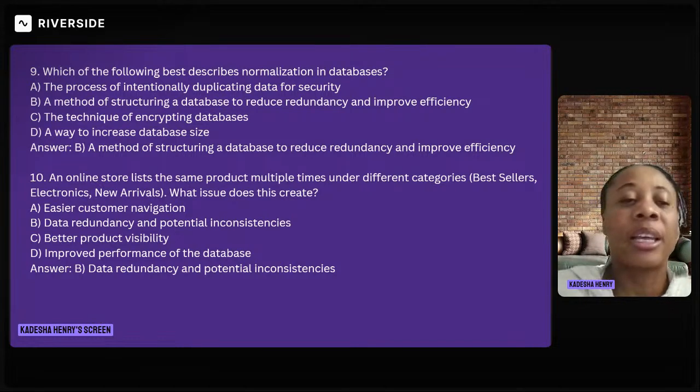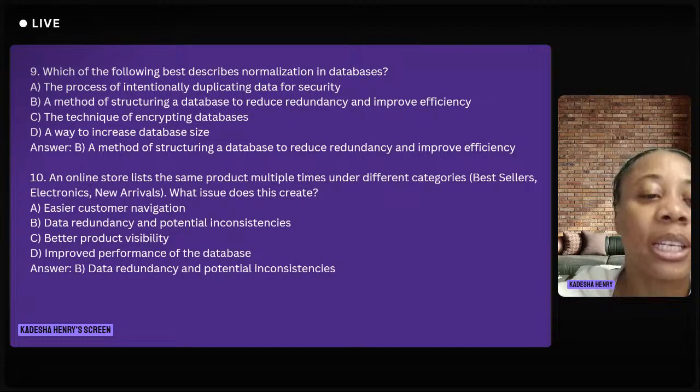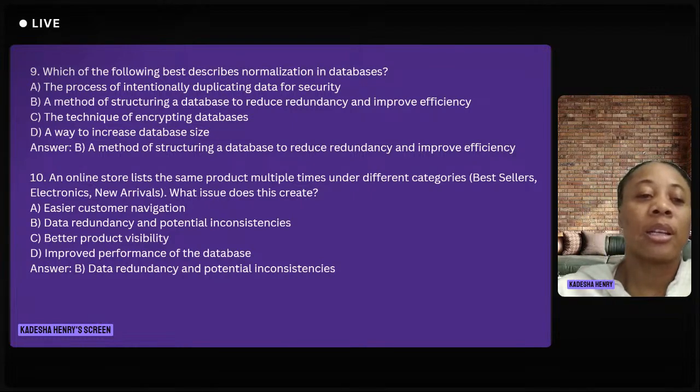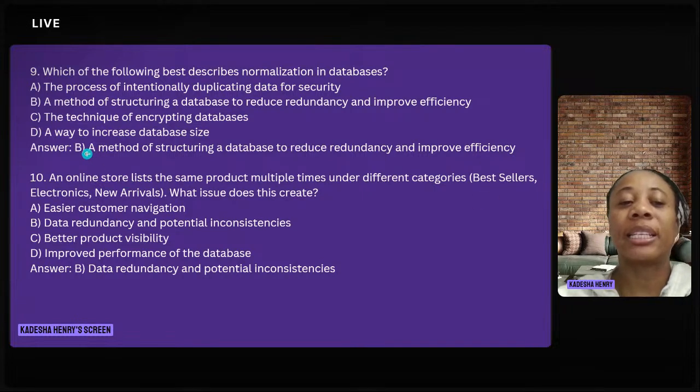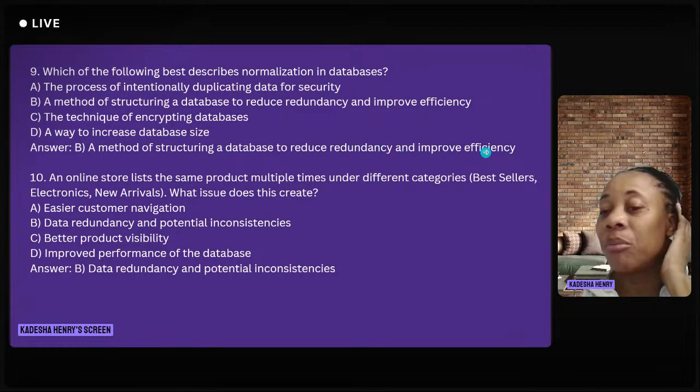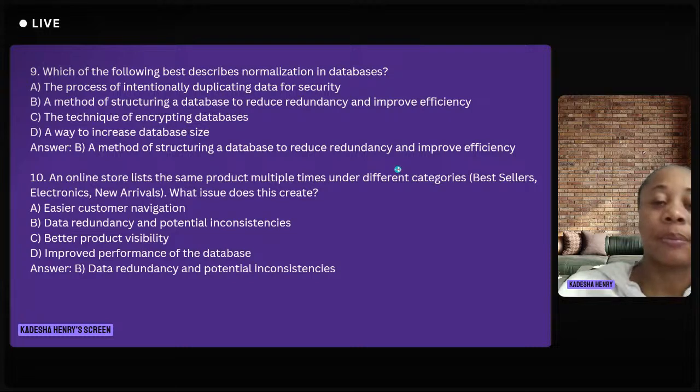C, a technique of encrypting data? D, a means to increase database size? And so we will say that it's a method of structuring a database to reduce redundancy and improve efficiency.